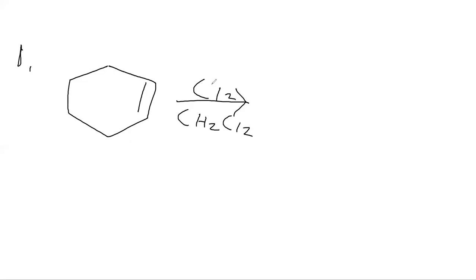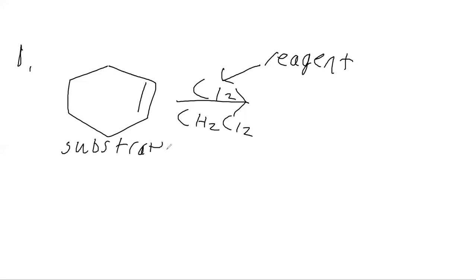So as a general thing, the stuff on top of the arrow, like the Cl2 here, that's a reagent. The stuff on top is generally what's reacting with your substrate, which is this, an alkene here. And the stuff below the arrow is generally just a solvent or a catalyst. So CH2Cl2 is just a solvent.